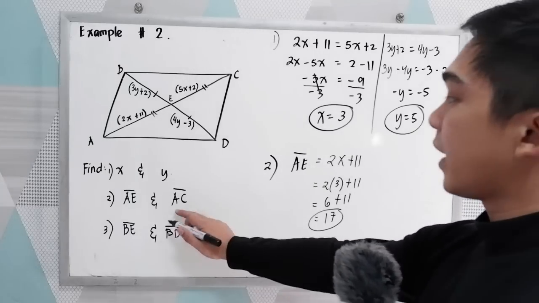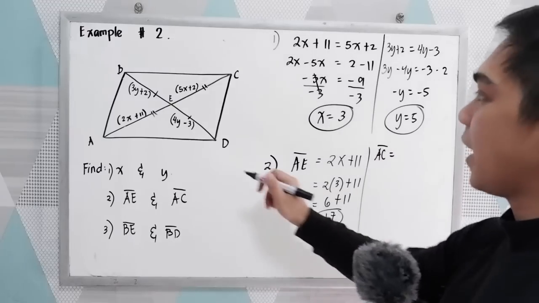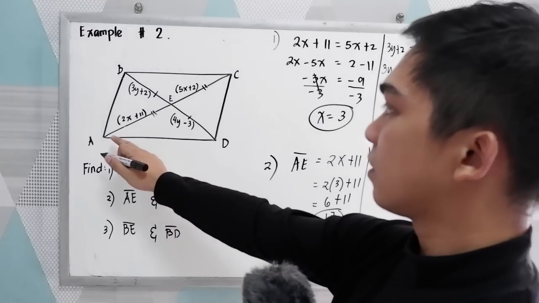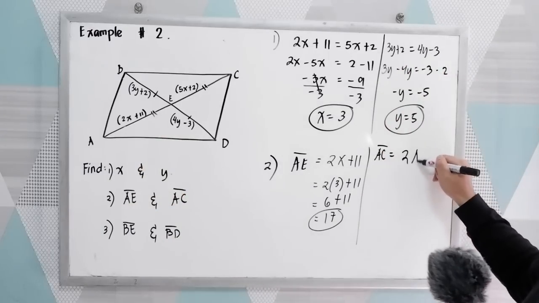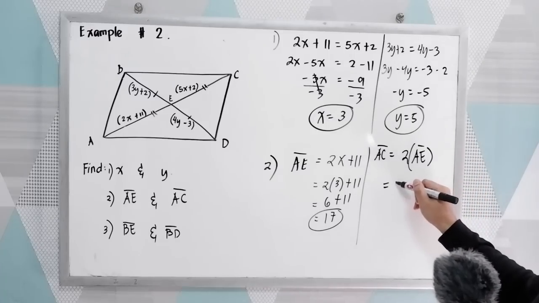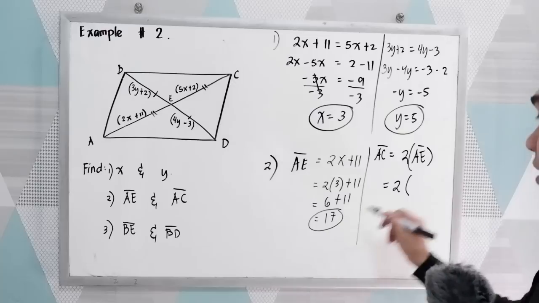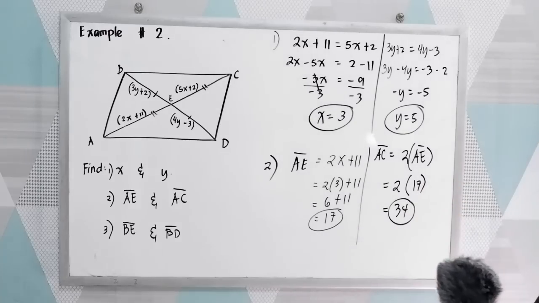Now we have AC. We know that AC is twice AE. So we just need to multiply: 2 times AE, which is 17, is 34.